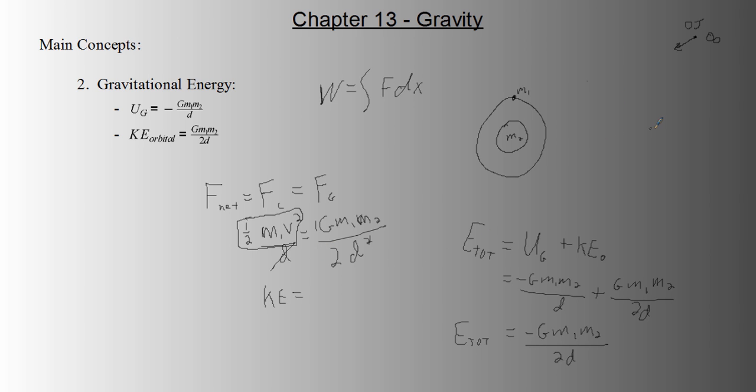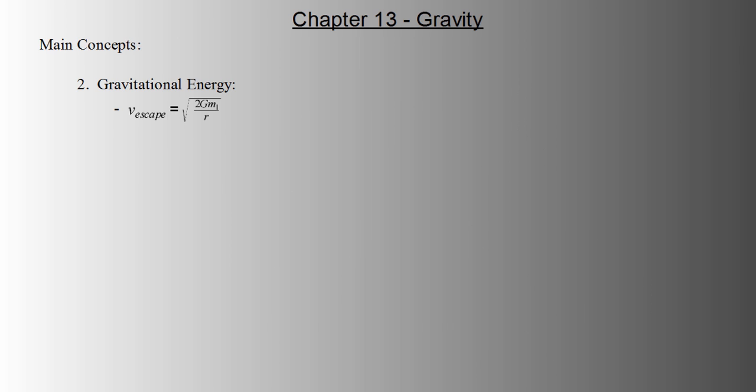Alright, and what else do we have going on in this unit? Oh yeah, escape velocity. This is kind of cool. Let's say you want to get in a rocket and just go off to infinity and beyond. How fast do you have to leave your planet to do that? So you start on a planet, here's your little rocket, and you blast off and try to get out to infinity.